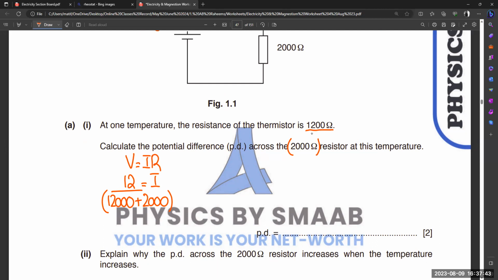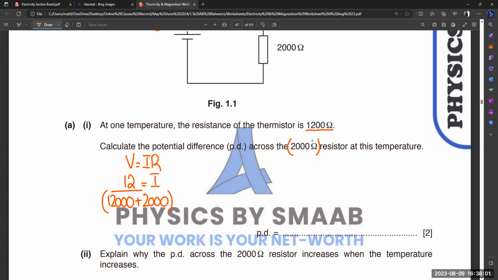So we know that in a series combination potential difference will divide. So for that purpose we need to find out the value of current. When we find out the value of current, since current remains the same throughout the circuit, we can just use the formula V equals IR again and find out the voltage.